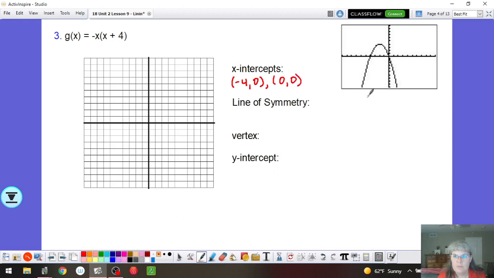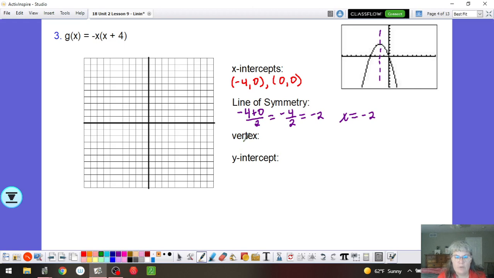The line of symmetry appears to be at negative 2. But let's go ahead and double check. So negative 4 plus 0 divided by 2 is negative 4 divided by 2 is the negative 2 that it appeared to be on the graph. So we have x equals negative 2 for the line of symmetry.